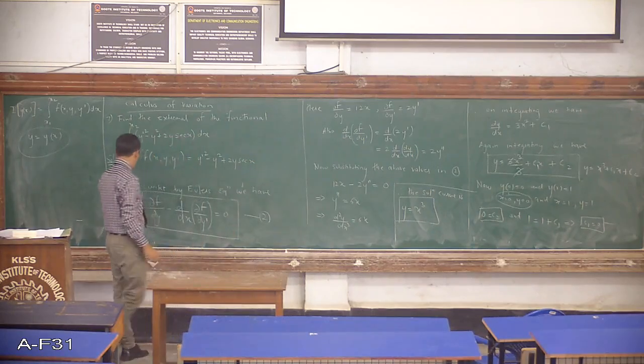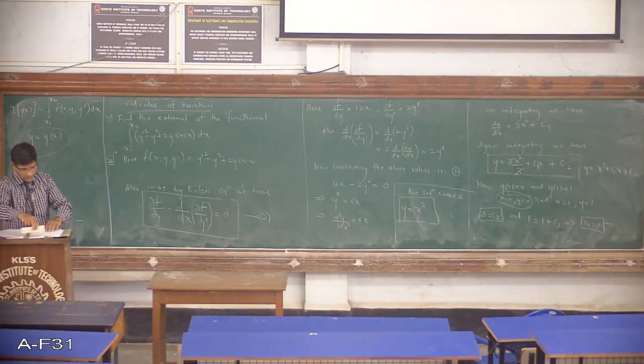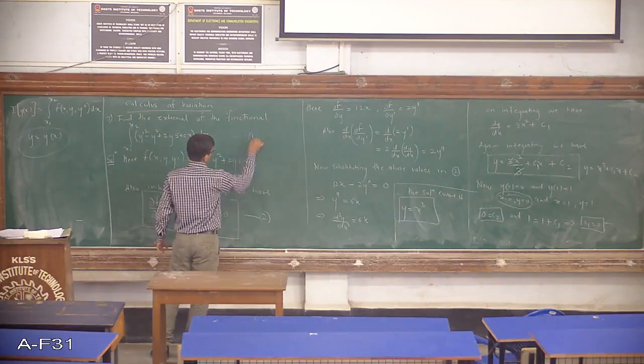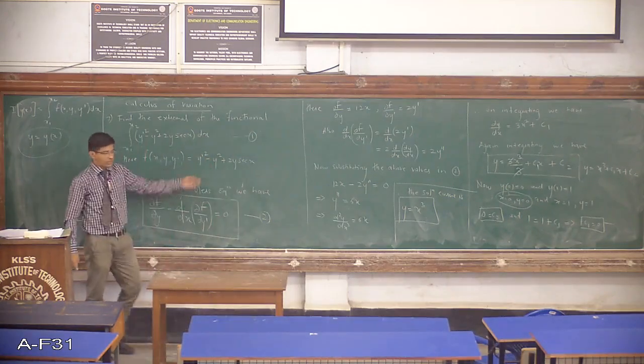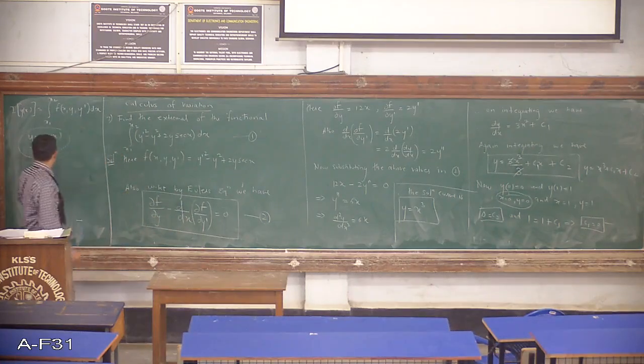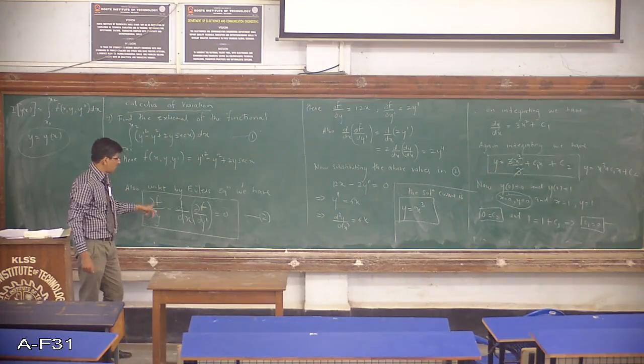So also we know that by Euler's equation, so I make use of this. Let me consider this as my equation 1, to which I need to find the solution in the form of y equal to y of x, and then I make use of this Euler's equation.